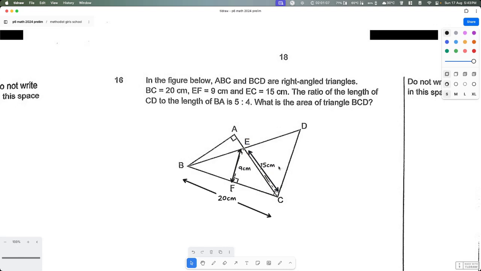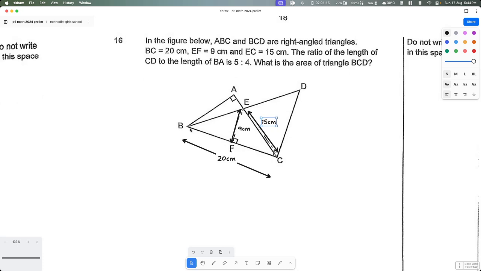All right. So the ratio length of CD to BA is 5:4. What's the area of BCD? BCD, this whole thing. Right, so we know that the ratio length of CD is 5 units, and then BA is equal to 4 units.